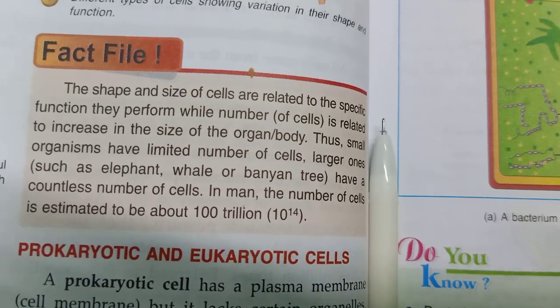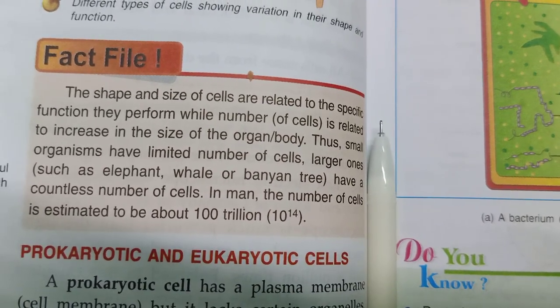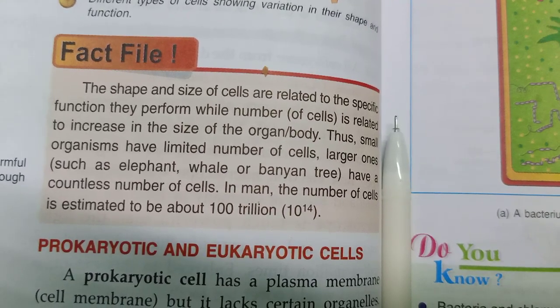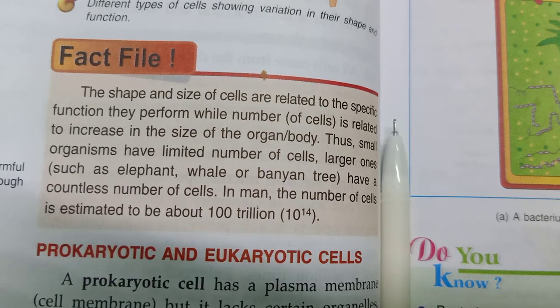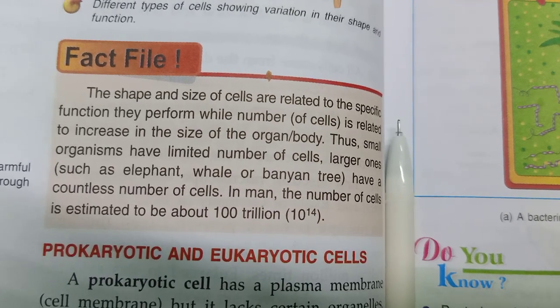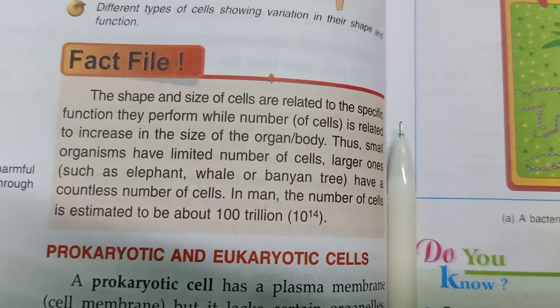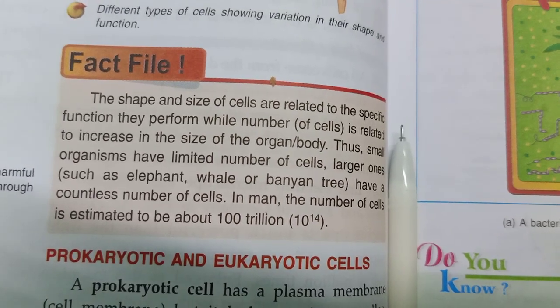Thus small organisms have a limited number of cells, and larger ones such as elephant, whale or banyan tree have a countless number of cells. So as I told you, the number of cells depends upon the size of the organ and the body.